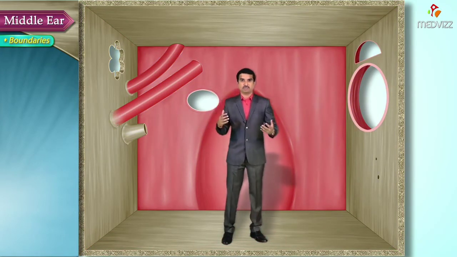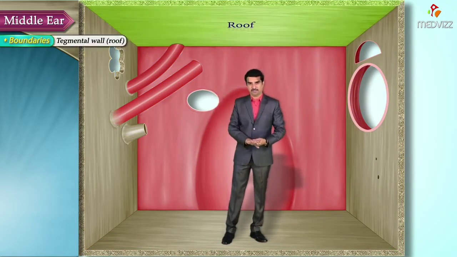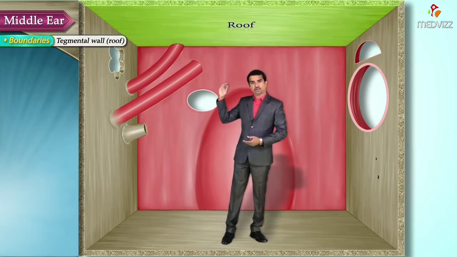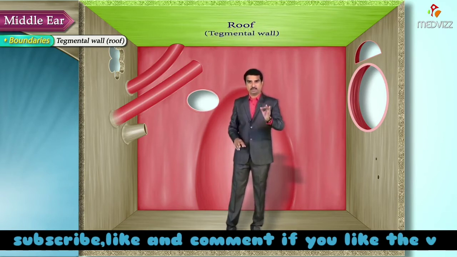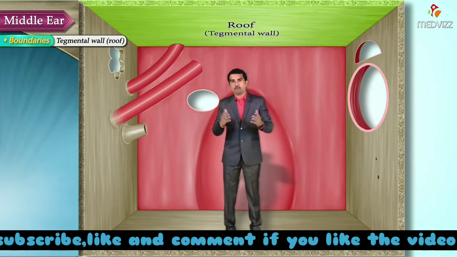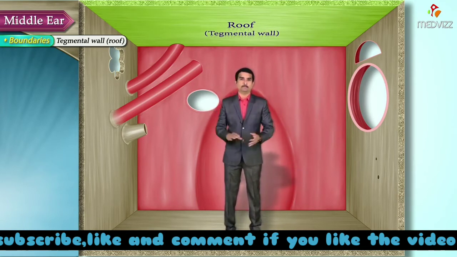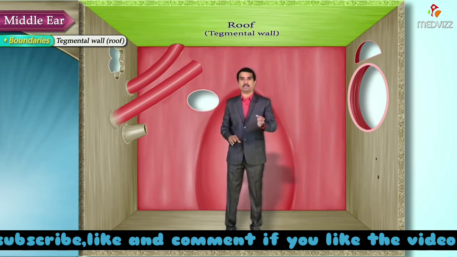First, let us discuss the roof of the middle ear cavity. The roof is also called the tegmental wall. Remember that the tegmental wall forms the roof of the middle ear cavity, also known as the tympanic cavity. So why do we call it a tegmental wall?